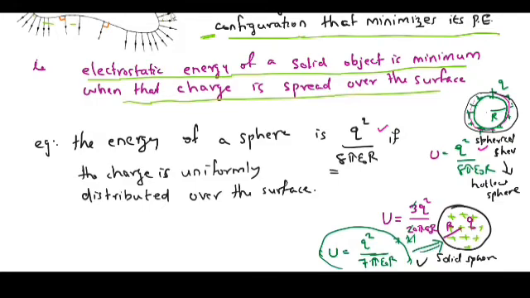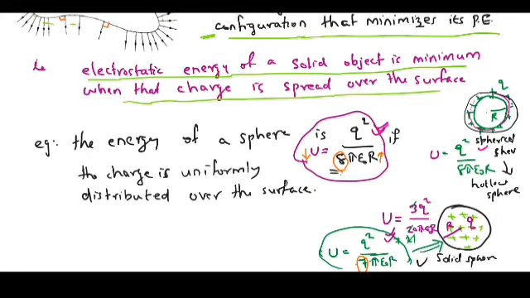Now, if the charge is distributed throughout the volume, compare the expressions for the energies. The difference that appears is that here the denominator is 8, here the denominator is 7. Here the denominator is larger, 8 is larger than 7, therefore this U will be smaller.